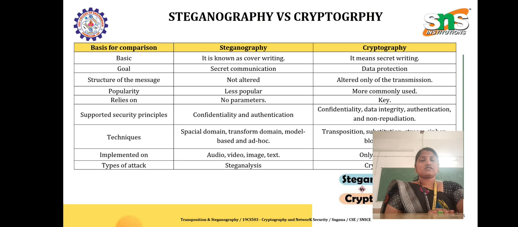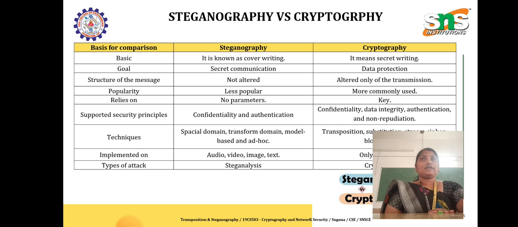Steganography provides only confidentiality and authentication, whereas cryptography provides confidentiality, data integrity, authentication, non-repudiation, etc. Steganography is mainly used in the spatial domain, transformation domain, ad hoc networks, wireless sensor networks, etc. Cryptography is majorly used in internet security or data transmission channels.